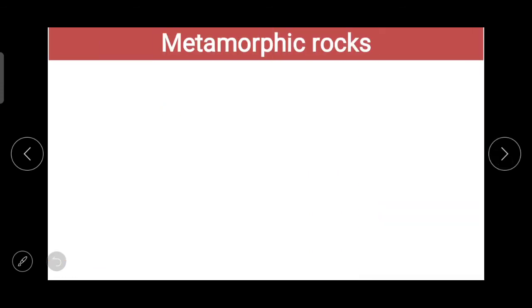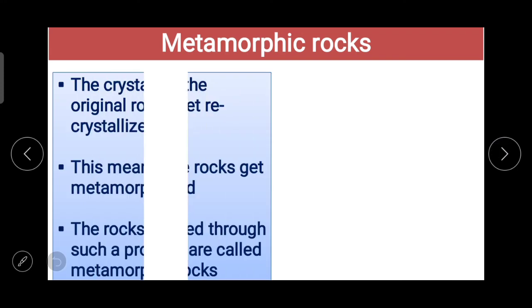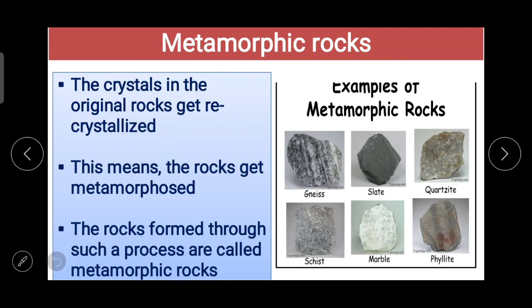Now the next one, metamorphic rocks. The crystals in the original rocks get recrystallized. Now because of what? Volcanic activity and other earth movements constantly take place on the earth, and while these are occurring, the igneous or sedimentary rocks in that region are subjected to tremendous pressure and heat.